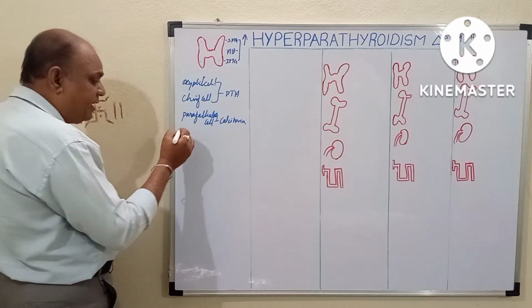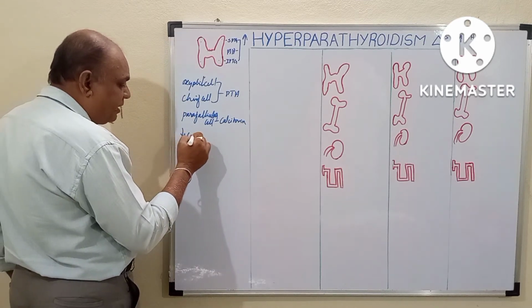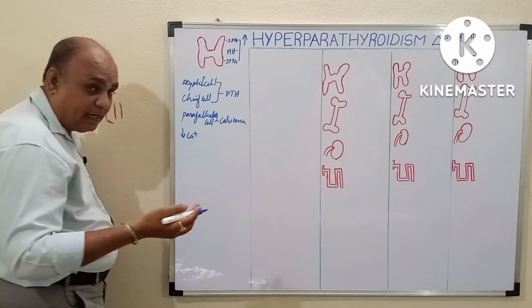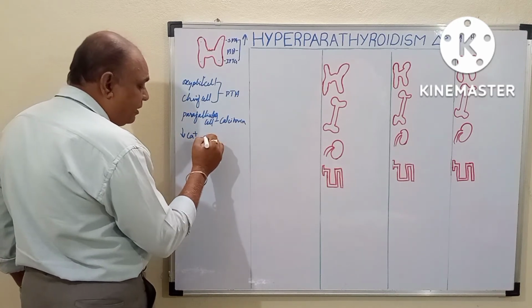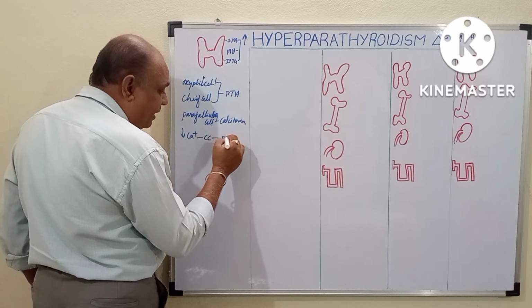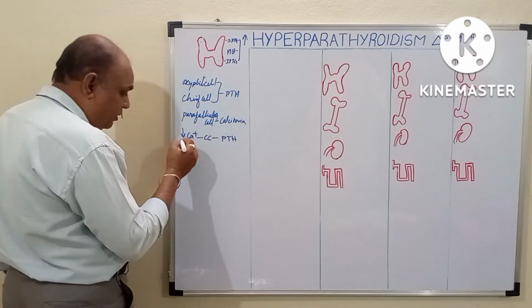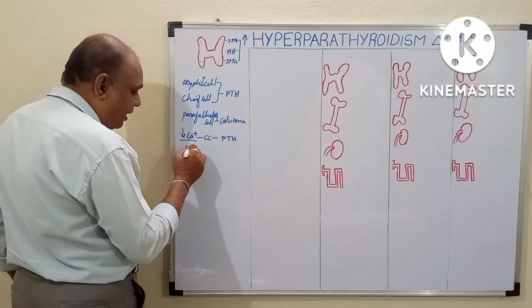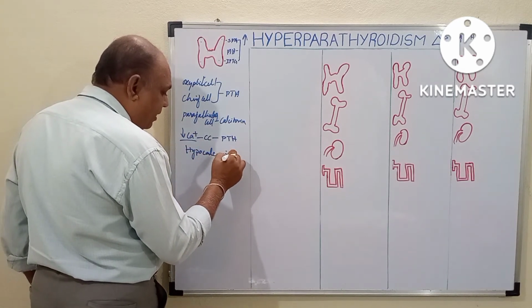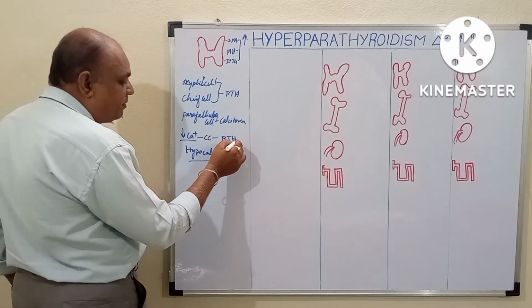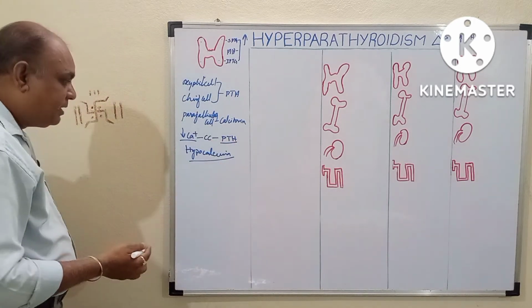Now, whenever there are low calcium levels in our body or in the blood, the chief cells will secrete parathyroid hormone. Low calcium level means hypocalcemia. Hypocalcemia is primarily responsible for parathyroid hormone secretion.